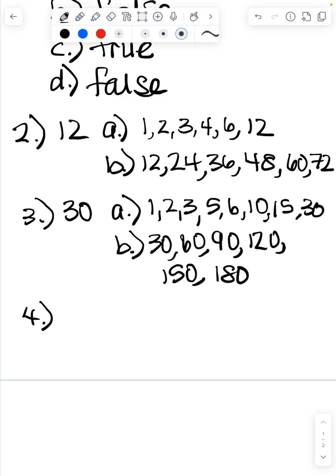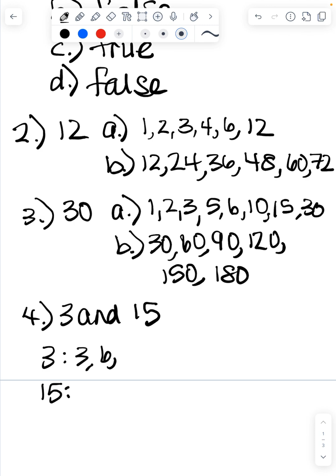Number 4, list multiples to find the LCM of each pair of numbers. 3 and 15. So in order to list the multiples, we're going to compare 3 and 15. Multiples of 3 would be 3 times 1, which is 3. 3 times 2, which is 6. 3 times 3, which is 9. 3 times 4, which is 12. 3 times 5, which is 15, and so on.